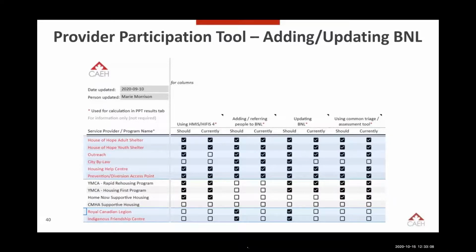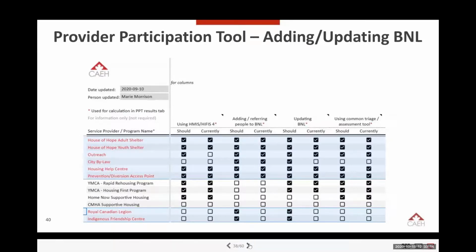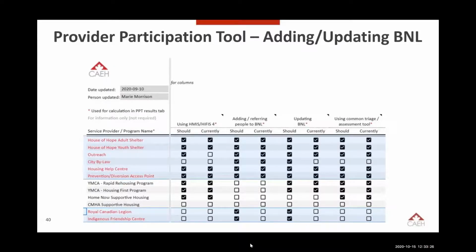Here you can see highlighted in blue those providers such as shelters, street outreach, prevention and diversion, and some others such as bylaw. The Royal Canadian Legion and the Indigenous Friendship Center are those that in this fictional community are looking to be resources to add and update their list.